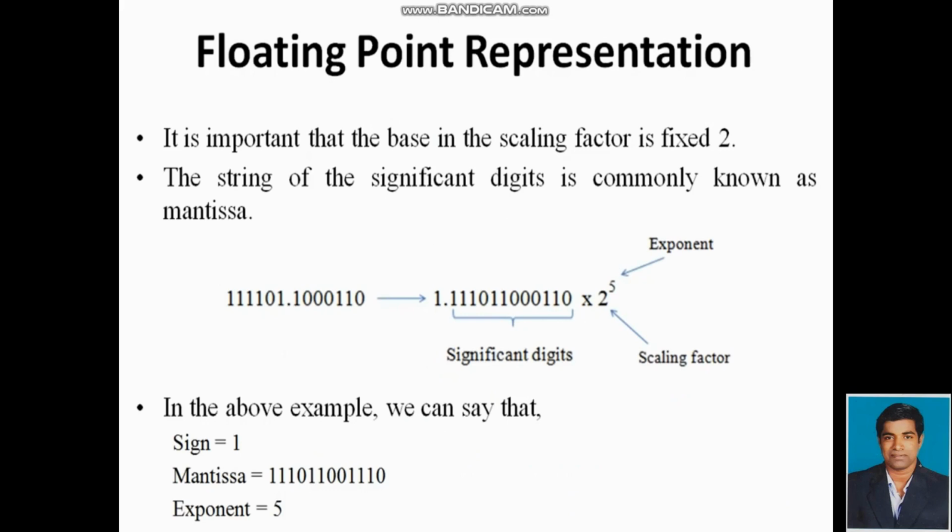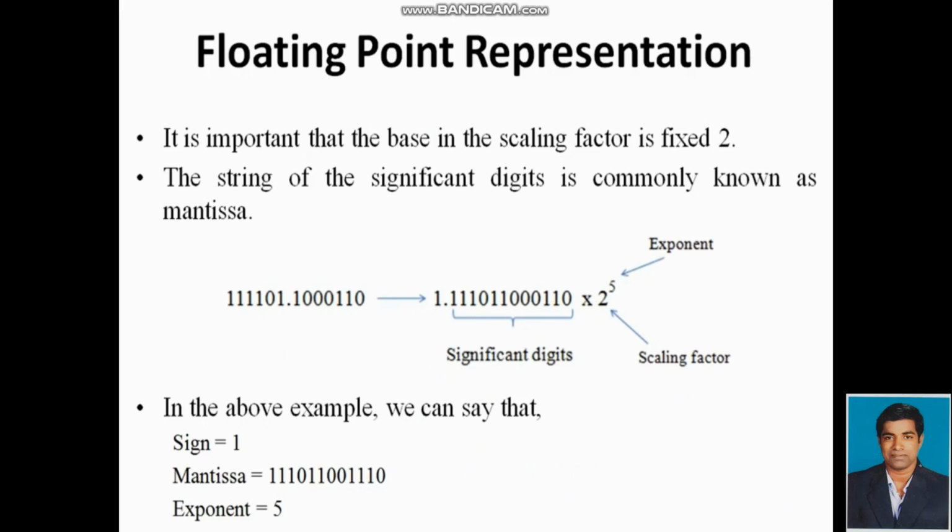Here 111101.1000110 is represented as 1.1110110 times 2 power 5. The significant bits after the decimal point are the significant digits.